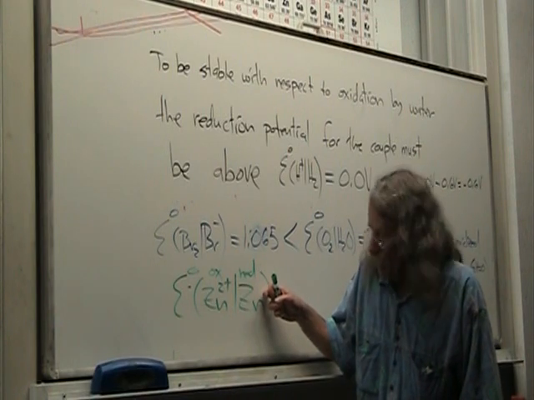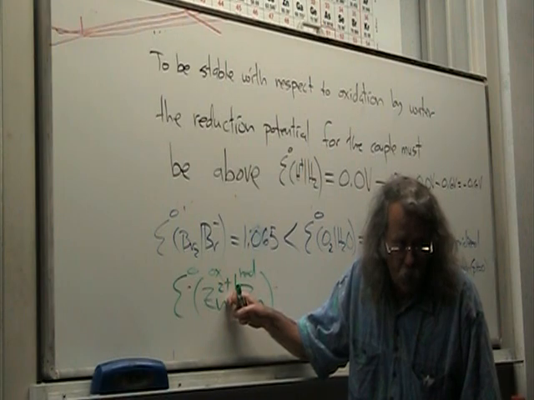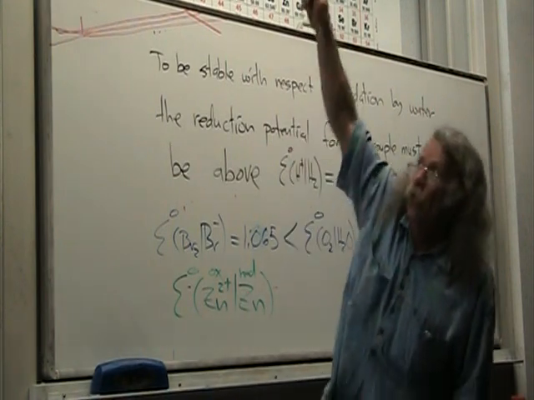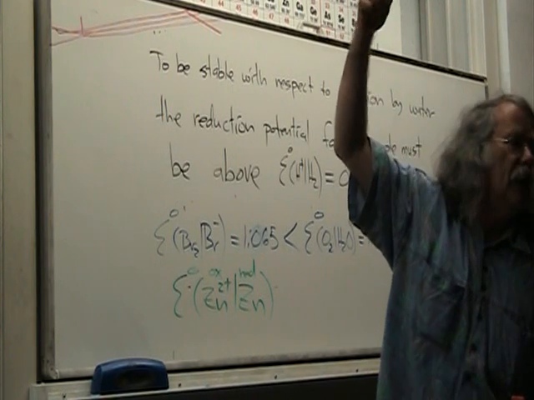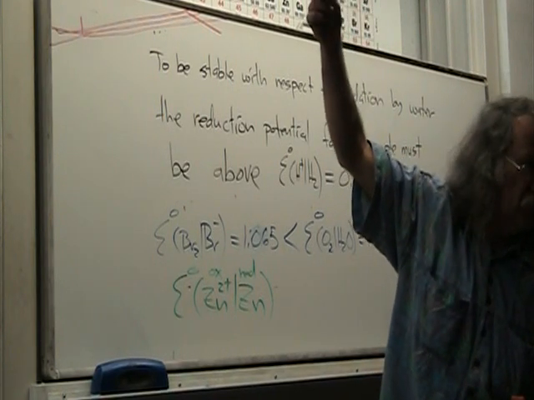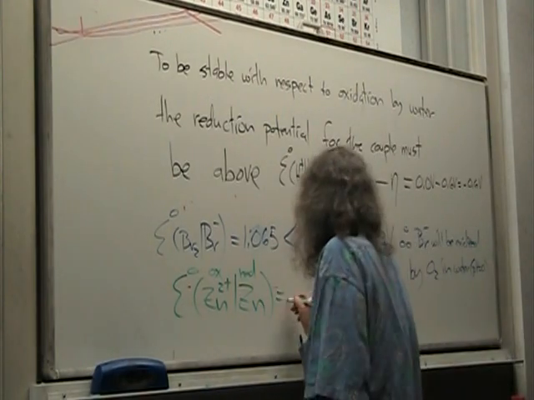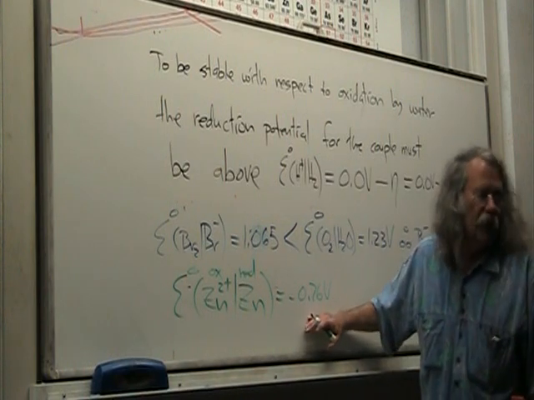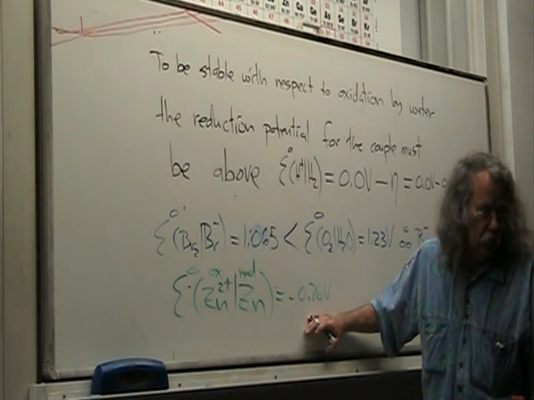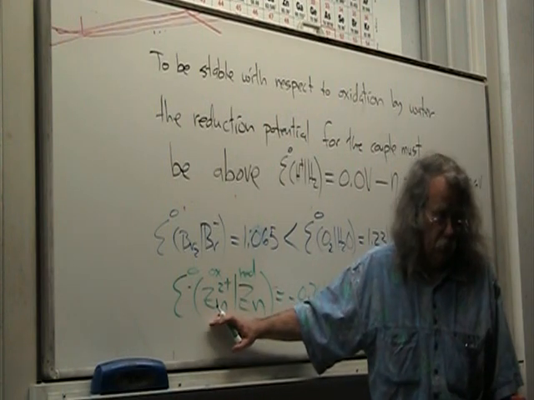When I'm talking about reduction, it'd have to have a reduction potential for the oxidized form that is greater than 1.82. And you know that this is minus 0.76 volts. That's definitely not greater than 1.82. So this is not going to be reduced by the water.